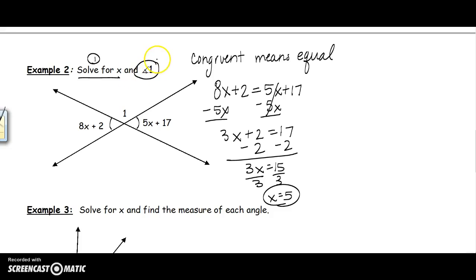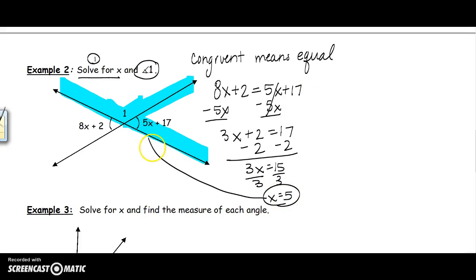The second part, I want to know the measure of angle 1. How can you do that not knowing anything about it? If you notice, you have a straight line or a linear pair. You can take this x is 5 and substitute it back into one of the two equations. So we're going to say 5 times 5 plus 17. And we're doing this to figure out what is the measure of that one angle.